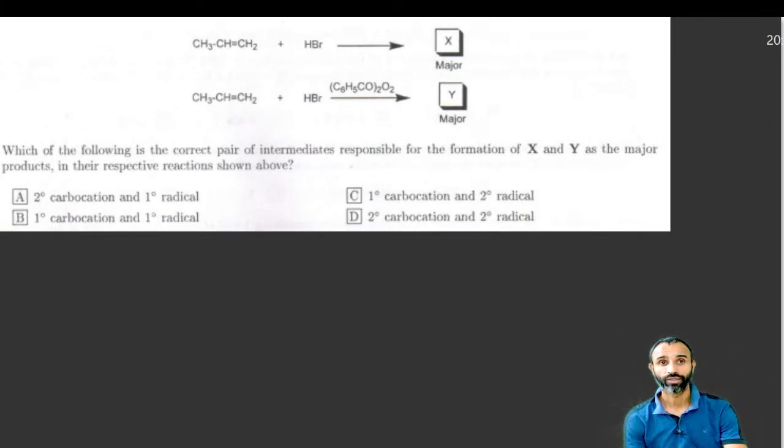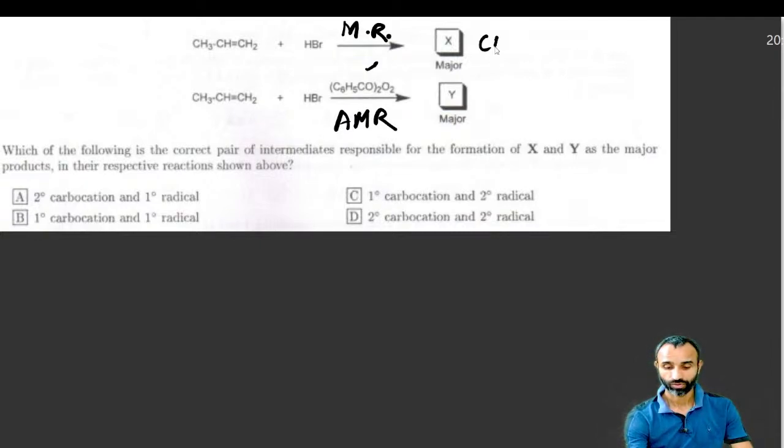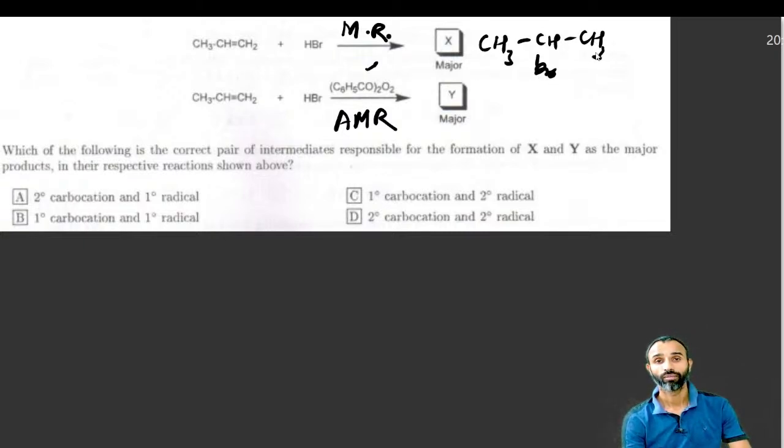Next, we have propene. First, when it is treated with HBr, it follows Markovnikov's rule. Second, in the presence of peroxide, it follows anti-Markovnikov's rule. So first we get 2-bromopropane.